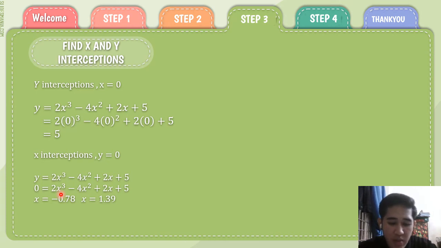Press EQN, degree 3, then put in A, which is 2, B, which is negative 4, C, which is 2, and lastly D, which is 5. Then we get the x-intersections negative 0.78 and 1.39. So the answer for the y-intersection is 5, and the x-intersections are negative 0.78 and 1.39.